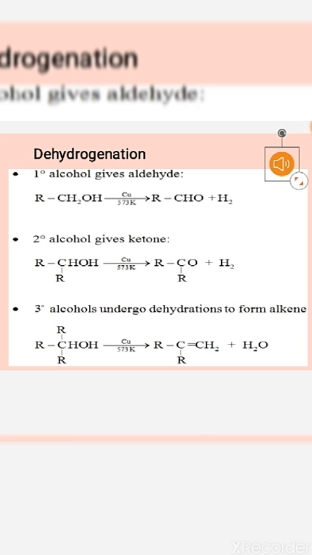So this reaction is again important in conversions. It may be asked, with the help of alcohol, how can you prepare alkenes? So a tertiary alcohol is to be used there. How will you prepare aldehydes and ketones? You can use either the oxidation process or the dehydrogenation process.